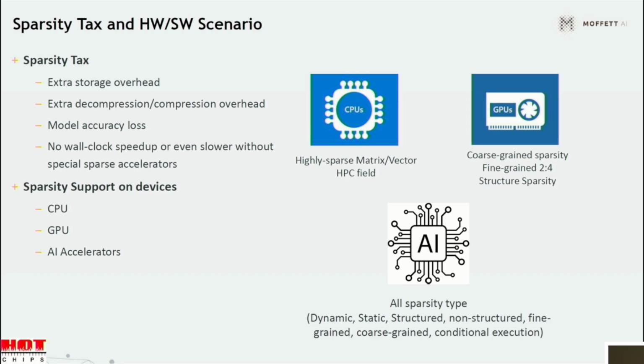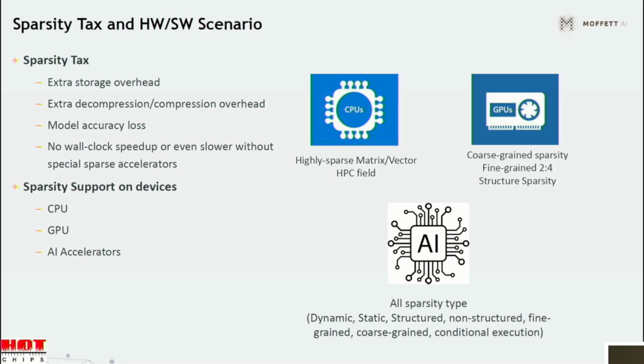As I have talked about, there's a sparsity tax for supporting sparsity. There are actually three different types of hardware device: CPU, GPU, and AI accelerators. Normally on CPU, we use it for highly sparse matrix-vector sparse operations in the HPC field.